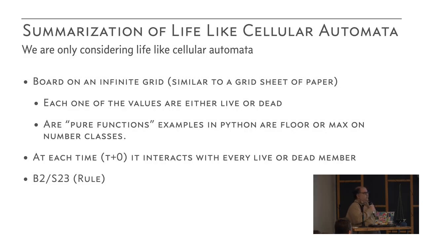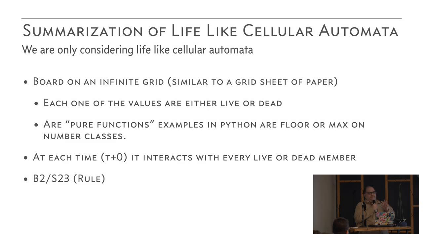So a summarization of life-like cellular automata would be you change the rule, but you still have all of the same elements, such as an infinite grid, still a grid or a lattice. You still have the living or dead property, and you still have a pure function from the first step to the next step.